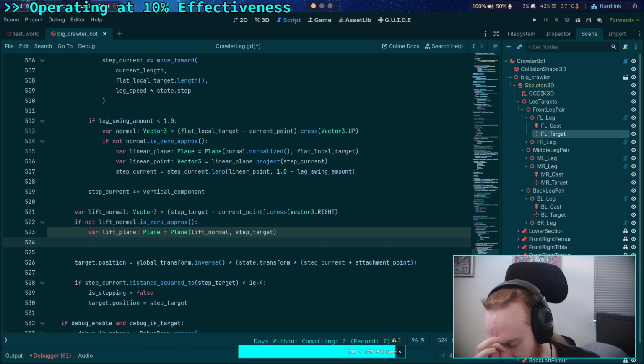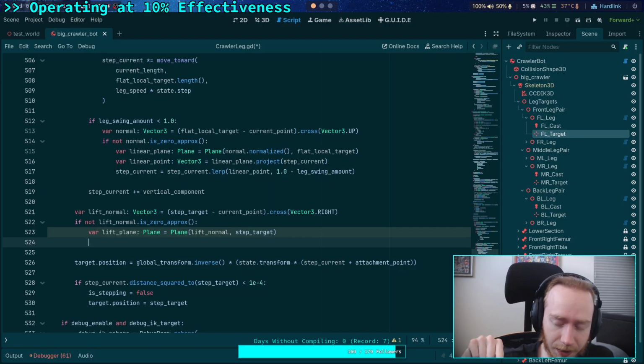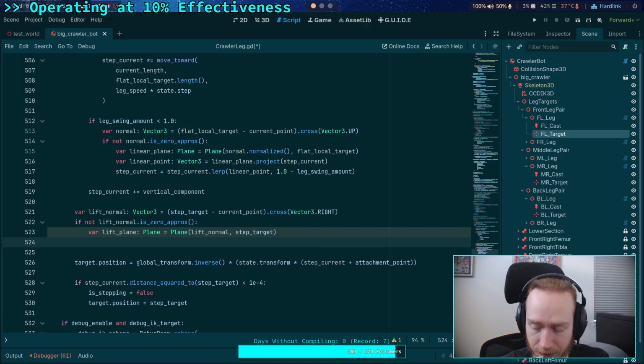Because if it's also delta'd, it could look like this. Like it'd move forward a little bit, not really rising much, and then it rises a lot, and then it falls down. It'd have like a weird shape to it.